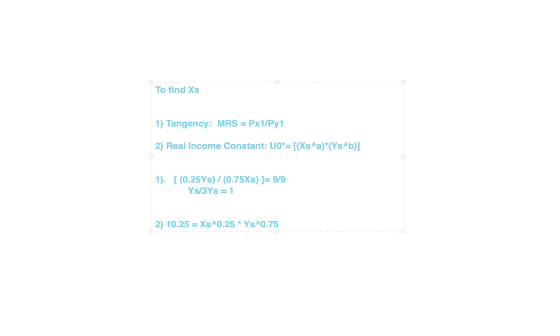You put 3YS. Oh, sorry. Okay. Yeah, I get it, because you simplified both sides basically. Yeah. So YS is equal to 3XS. Boom. And then now you just put that into the other equation. Yep. There.